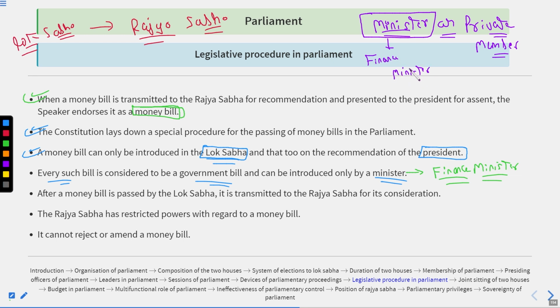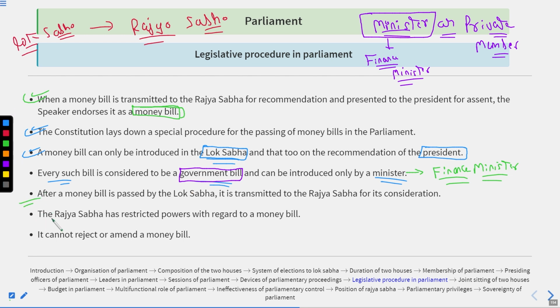Because the finance minister is part of the council of ministers, and the council of ministers is part of the ruling party and the union government, that's why it is known as the government bill. It could not be considered as a non-government bill. Why? Because without the finance minister no one could introduce the money bill in the parliament.